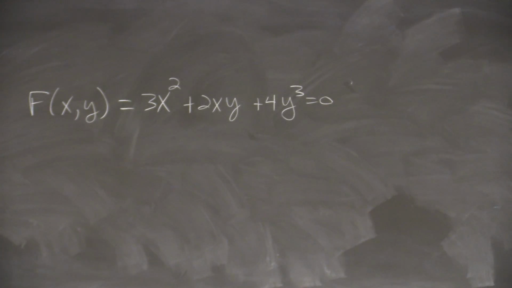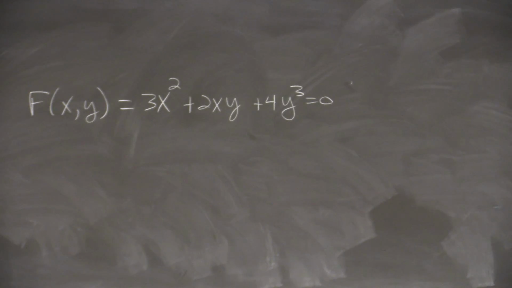The book just asks, find dy dx. In order to find dy dx, though, the assumption is, in order for dy dx to exist, y must be a function of x. So you really have to use the implicit function theorem here.